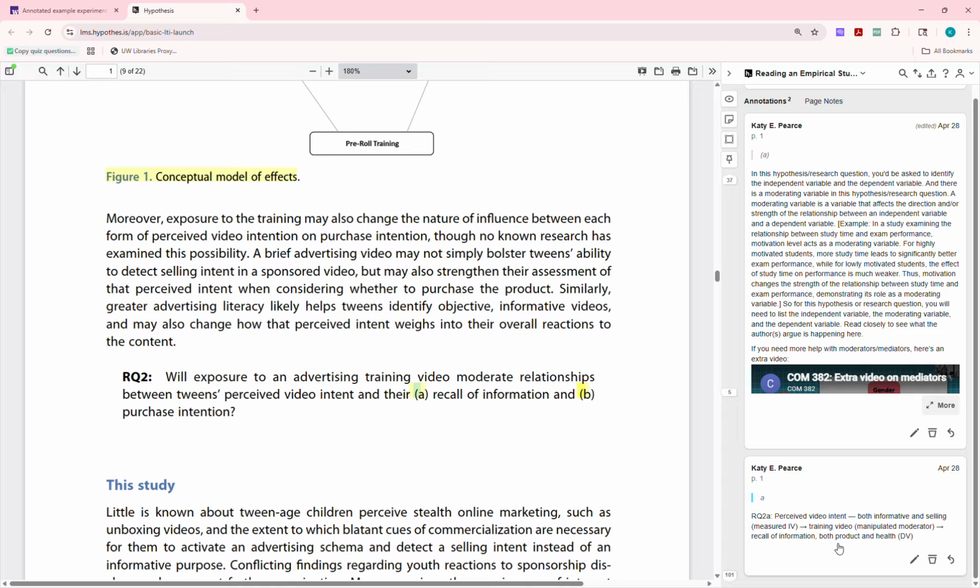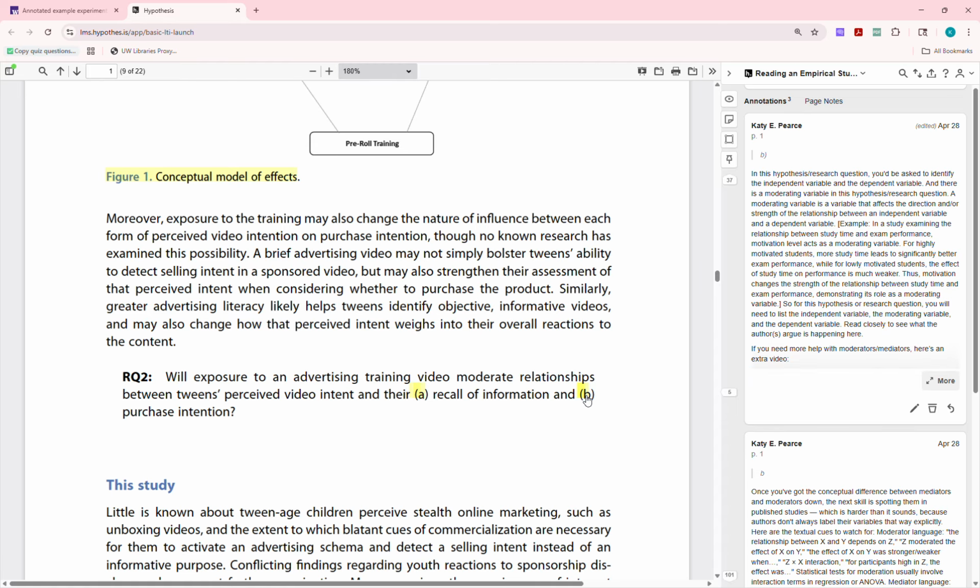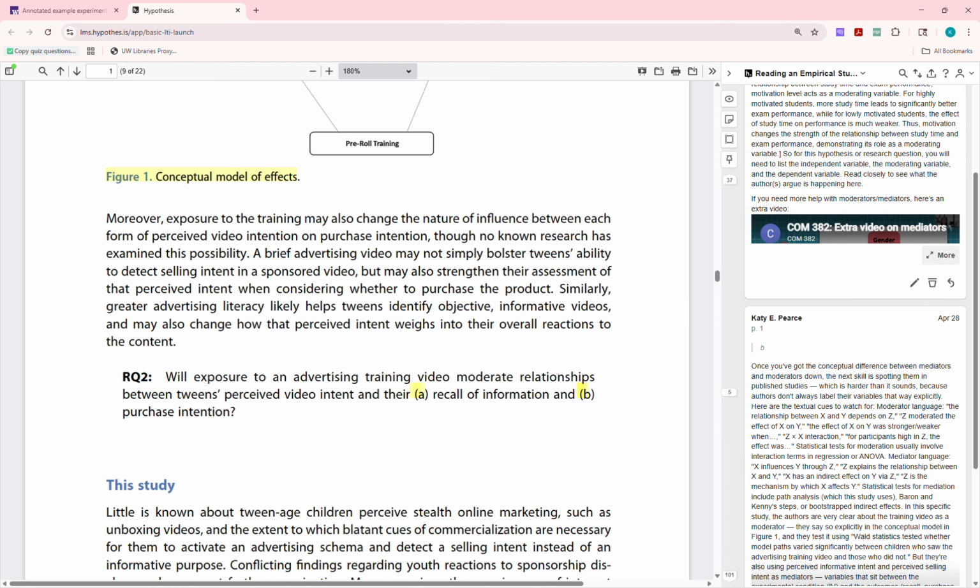Do you think it's trying to teach you something? It's a measured IV. If they also then saw the training video, which half of them did, half of them didn't, is gonna lead to more recall. Okay, so that is A and B.